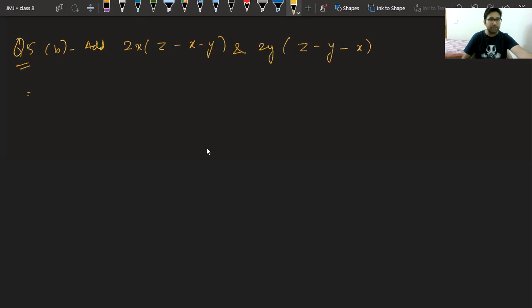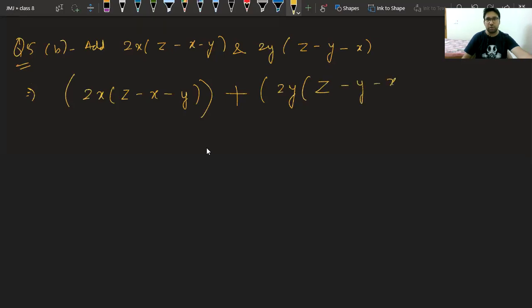So you can write like this, in bigger brackets: 2x(z - x - y) plus 2y(z - y - x). Now, before solving, we need to solve the internal brackets.